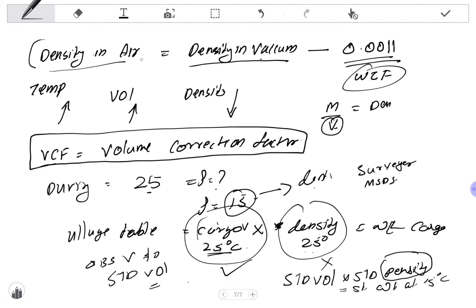So density in air is equal to density in vacuum minus 0.0011. Okay, if this looks a little messy, I'll write once again in the next page.